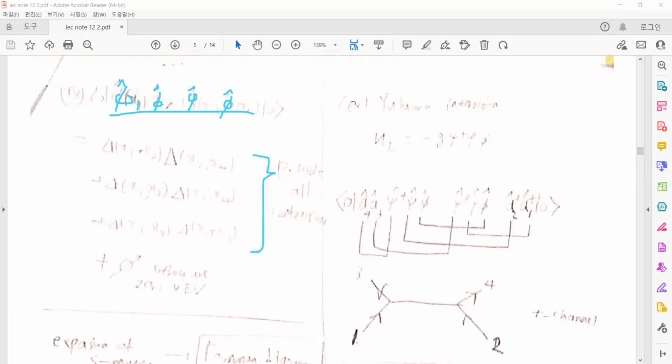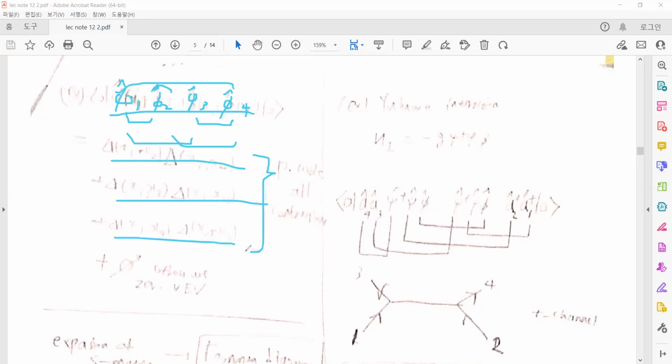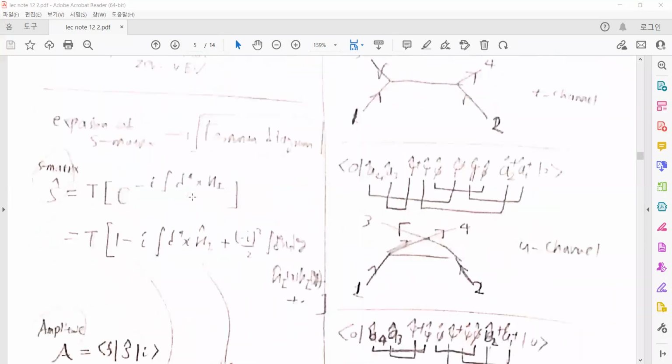If there are phi 1, phi 2, phi 3, phi 4, which is the representation of phi at the positions x1, x2, x3, x4, then the all possible contractions are 1 and 2 with 3 and 4, 1 and 3 with 2 and 4, and 1 and 4 with 2 and 3. That's the representation here. And other terms are just zero because of the zero vacuum expectation values from the normal ordering.